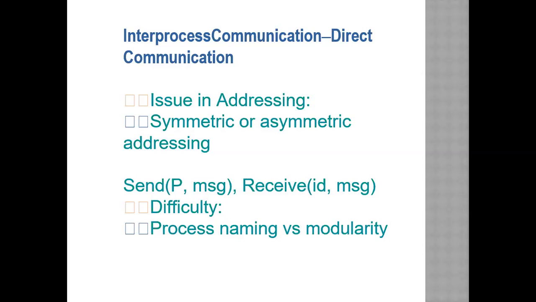We already discussed the primitives of P and Q: send(P, message) with receive(ID, message). The ID stands for the identification of the process, so when I send a primitive to P, the ID of the receiving process is known. By identifying the ID and message, we know which process is receiving it on the receiver side. There is some difficulty, but process naming versus modularity is very important.